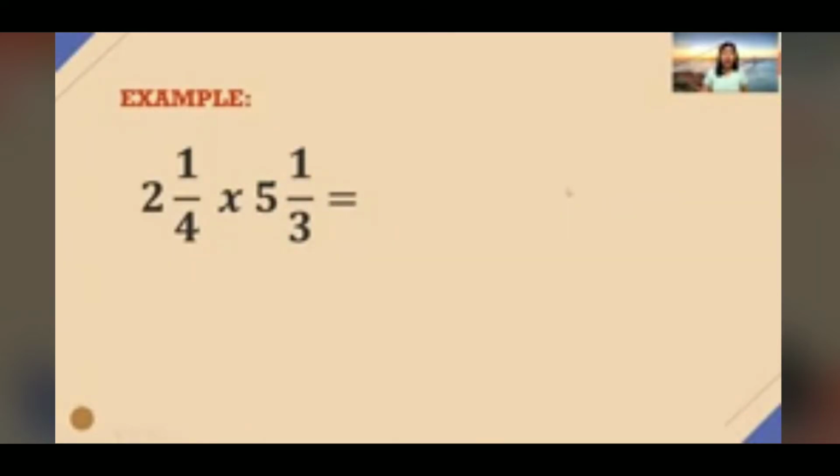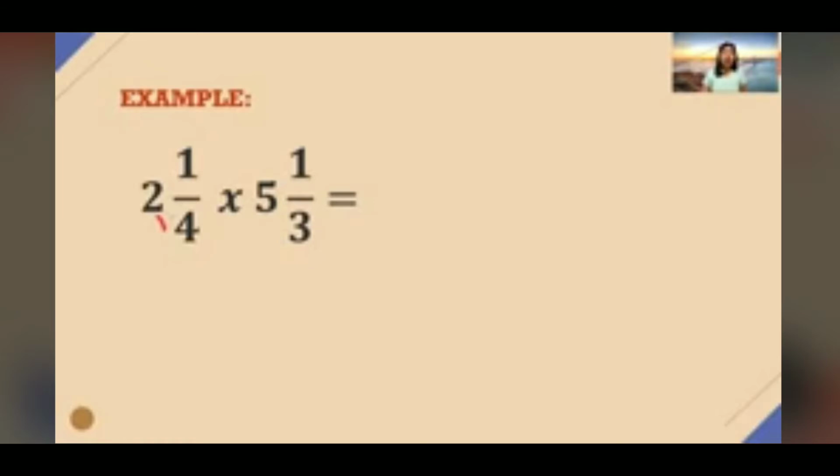2 and 1/4 times 5 and 1/3. So, as you can see, here are mixed numbers. So, in multiplying mixed numbers, we rename them to improper fractions. To rename them to improper fractions, just simply multiply the denominator by the whole number and then add the numerator.